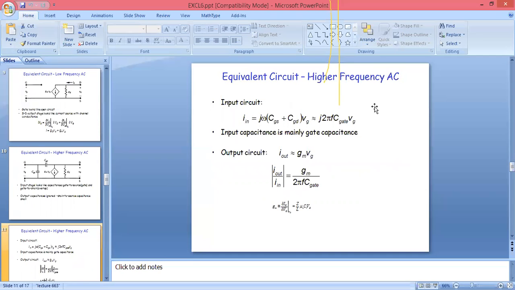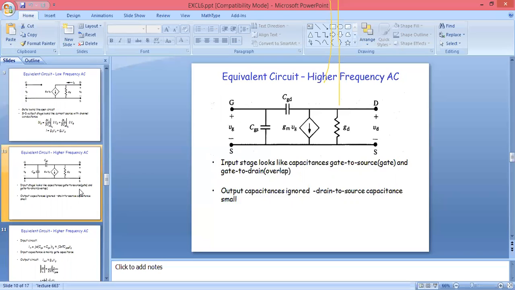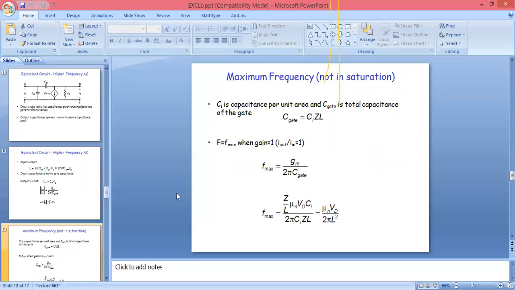These are the equations we get after solving this hybrid model for the equivalent MOSFET circuit for higher frequency. If you calculate the value of frequency, we will get frequency equal to gm, which is nothing but transconductance, with respect to 2 pi into gate capacitance.